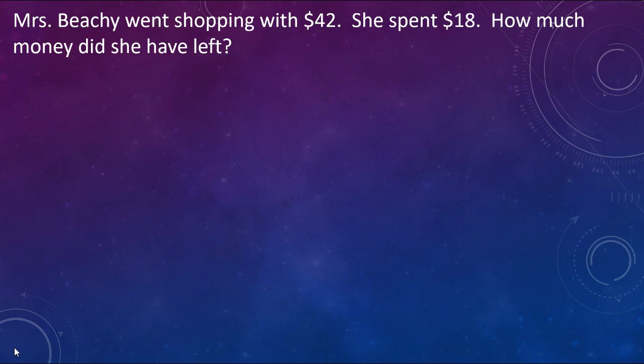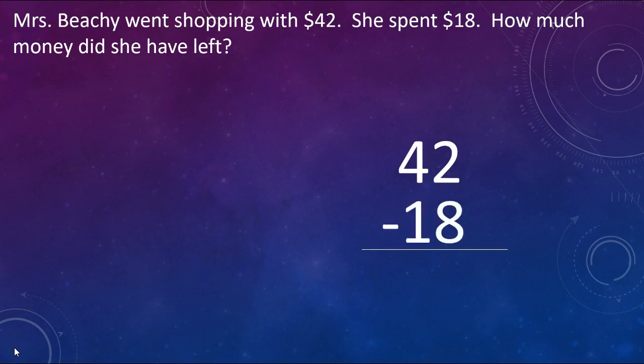Okay, so you and your shoulder partner should have done this together. Let's compare answers. What I did was take 42 minus 18, and I lined up my ones and my tens. I need to take a 10 from the 4 here, because we can't take 8 away from 2.